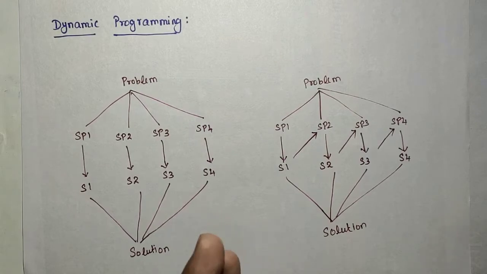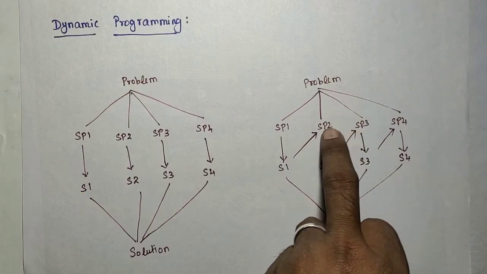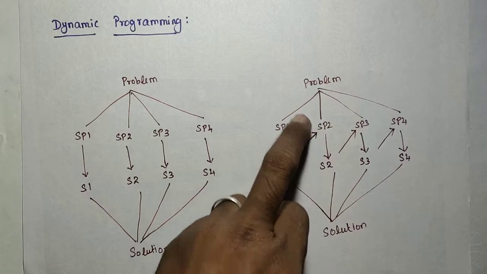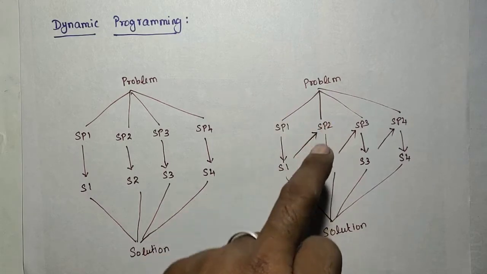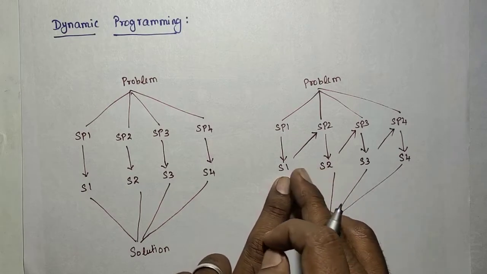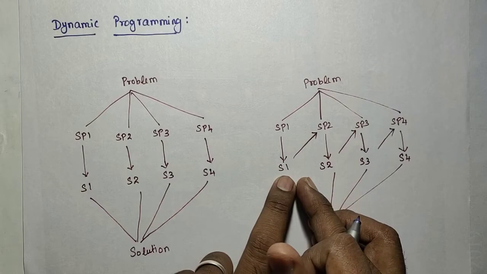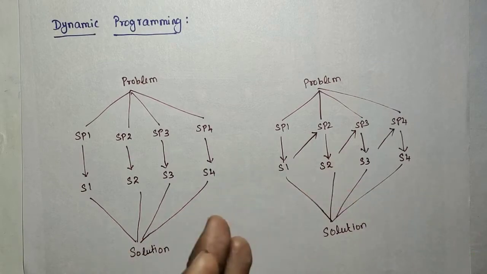The time complexity may be reduced, that is, recomputation may be avoided. Recomputation means, for solution 2, instead of doing the same procedure again, we will utilize that existing solution. It means that the recomputation is avoided in dynamic programming. But on the other end, we are increasing the space.